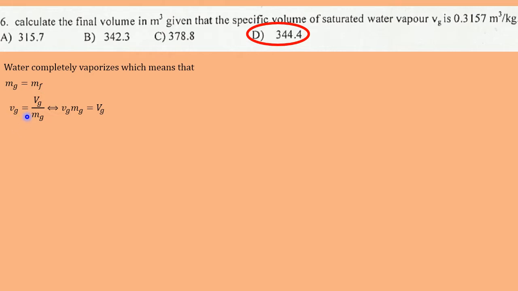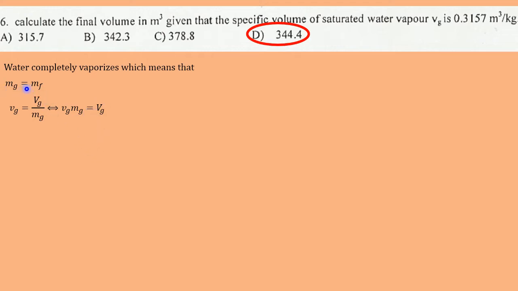So we have vg equals capital Vg over mg, where capital Vg is the volume of the saturated water vapor and mg is the mass of the saturated water vapor. Now if we make capital Vg the subject, we're just going to have specific volume of saturated water vapor times mass of saturated water vapor to be equal to capital Vg.